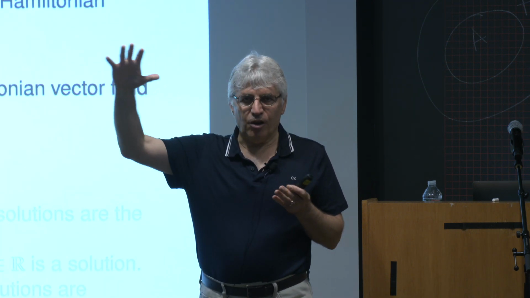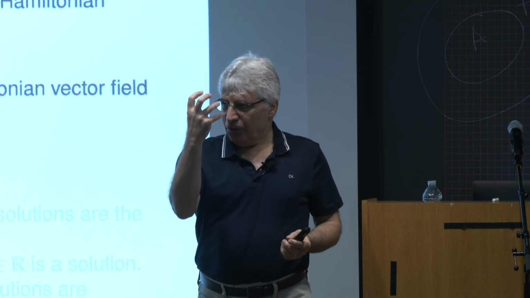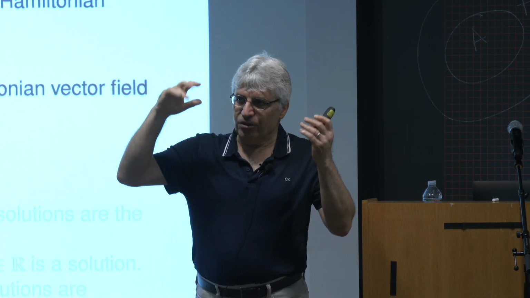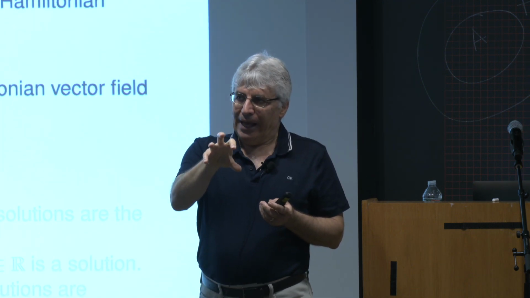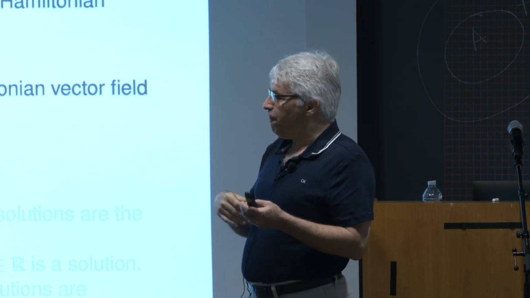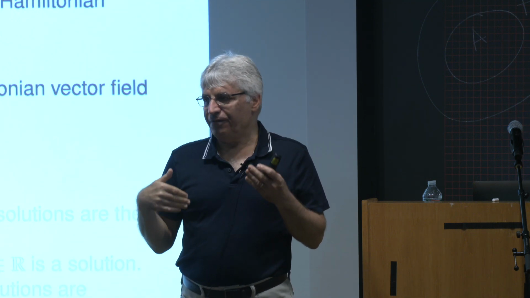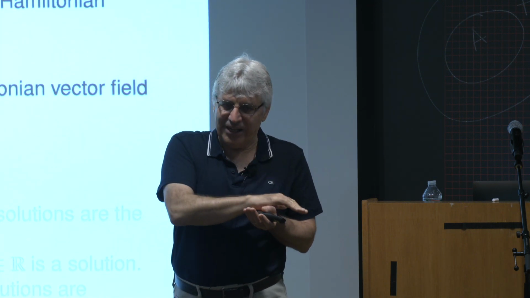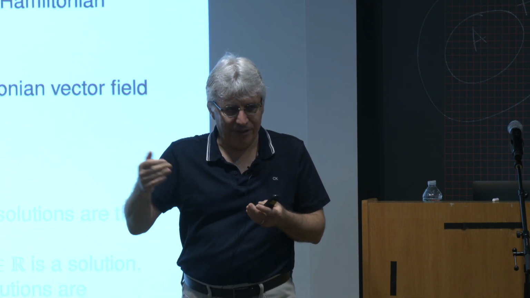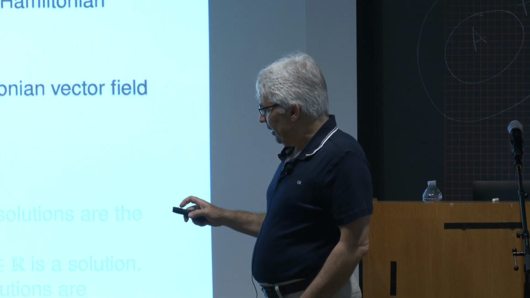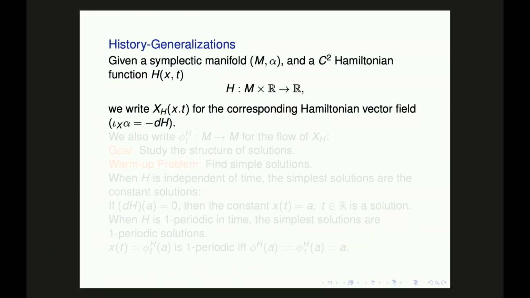Now, you can do it the other way around. You can start with an arbitrary manifold, put a two-form, some kind of area notion on that manifold, and then one can find a class of vector fields for which that area is preserved. So you can do it the other way around. And so a manifold equipped with such area form, this is a two-form, is called symplectic manifold.